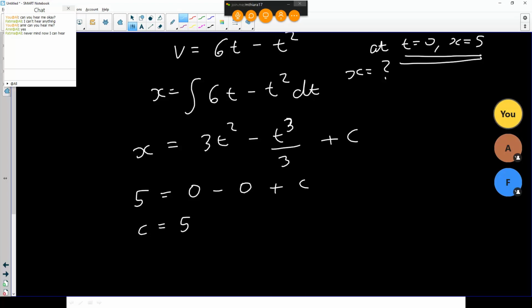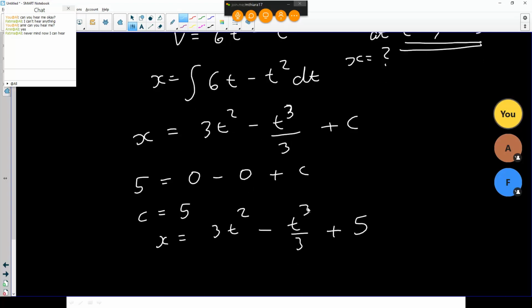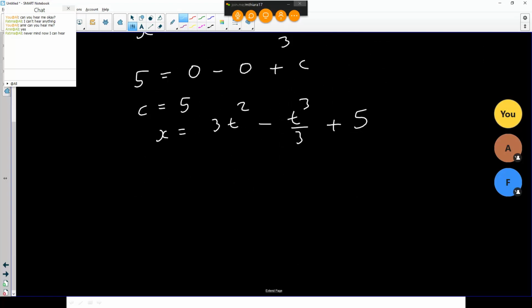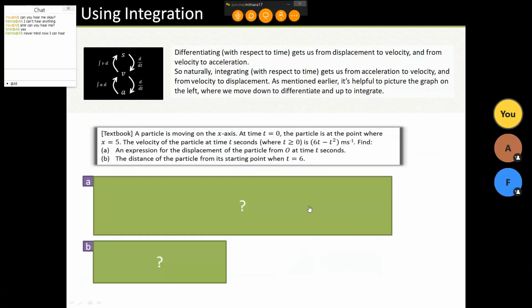Right, okay. Now I've got the full formula for x. x is equal to 3t squared minus t cubed over 3 plus 5. That's what I have so far on here. Now, using this formula, I can answer any questions about displacement at any time.